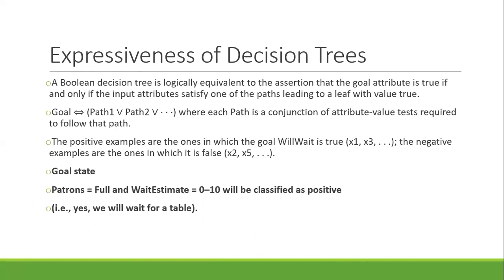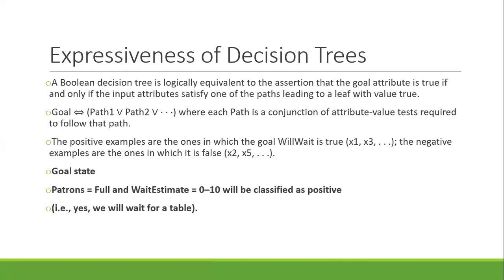A Boolean decision tree is drawn to assert the goal attribute to true. So your ultimate aim is to make the goal attribute true, if the input attributes satisfy one of the paths leading to the leaf node with true value. So from the root node, we have to go to the leaf node with the ultimate goal that we get the value true.